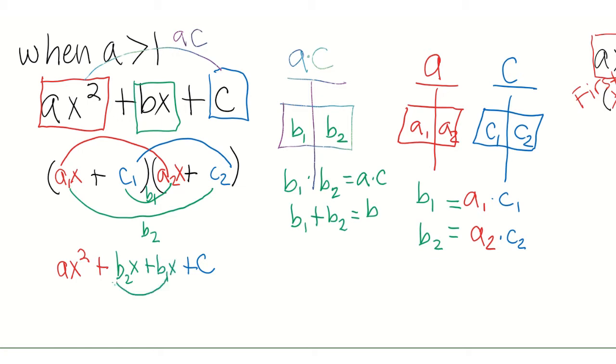When I add these together, that's going to give me my b. So this may look a little more complicated, but if you're using this AC rule, it's going to make it a lot easier, and we're going to look at a couple of examples.